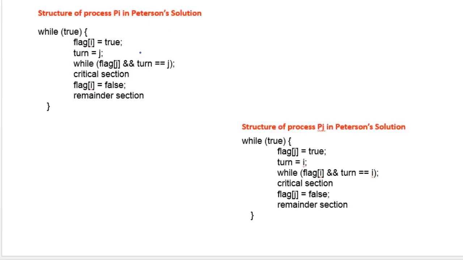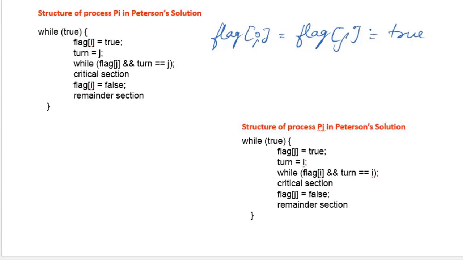Okay, so if flag of 0 is equal to flag of 1 is equal to true, we have taken i and j, flag i and flag j, if both are true, that means both processes are executing in their critical section at the same time.